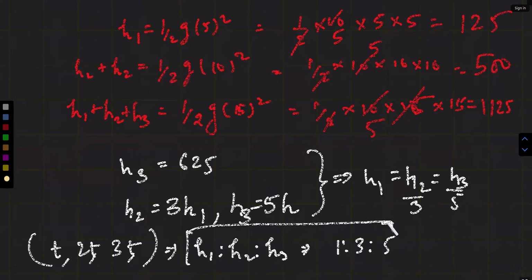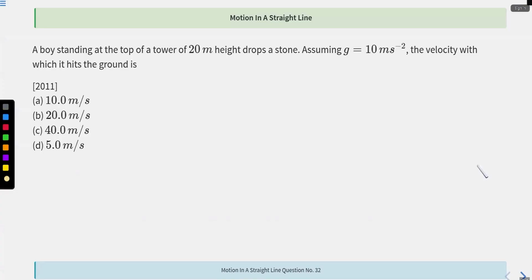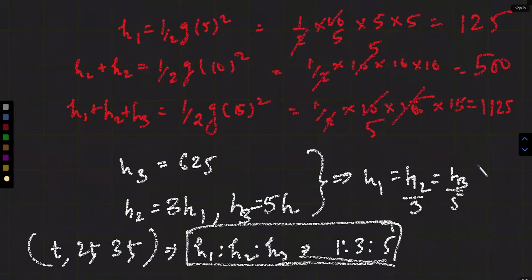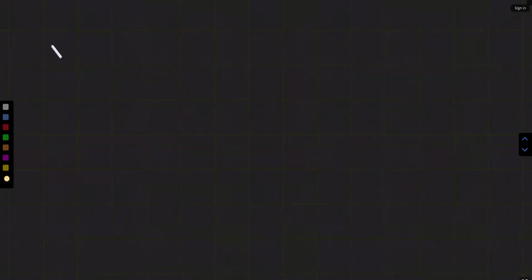This was just a simple question, which is a concept taught in class. Let's say a specific object is falling vertically downwards, and the time intervals are t1, t2, t3, and so on, equal.